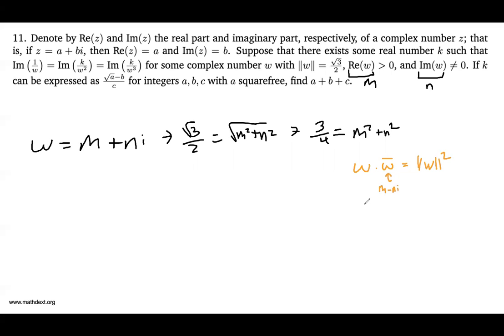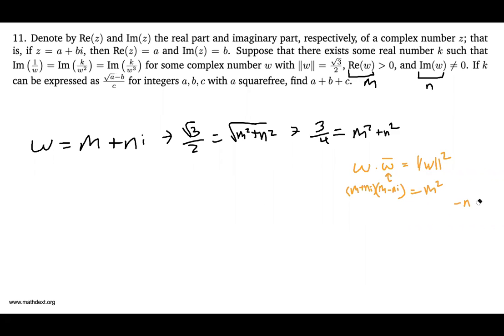If you were to actually multiply m minus ni by m plus ni, you would get something like m squared plus mni minus mni minus n squared i squared. But the mni and the negative mni cancel out, leaving you with m squared minus n squared i squared.